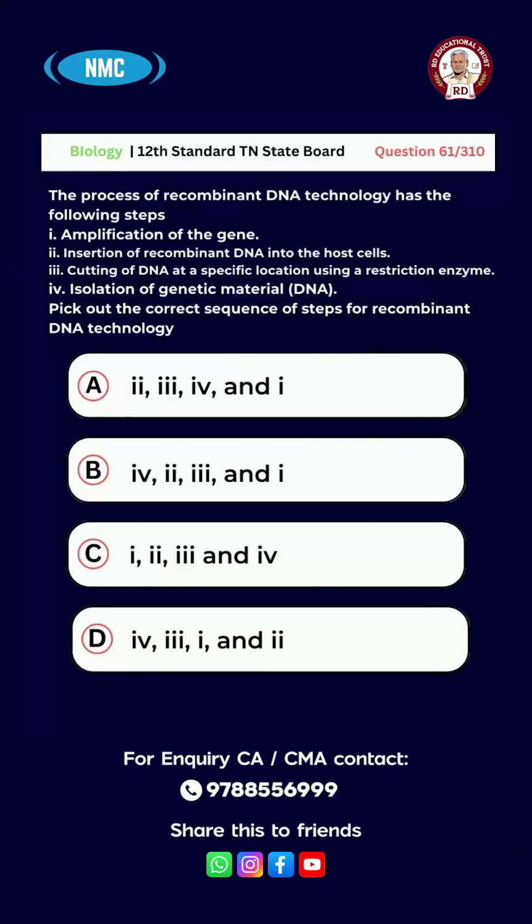Pick the correct sequence of steps. A. 2, 3, 4, 1. B. 4, 2, 3, 1. C. 1, 2, 3, 4. D. 4, 3, 1, 2. The right answer is option D, 4, 3, 1, 2.